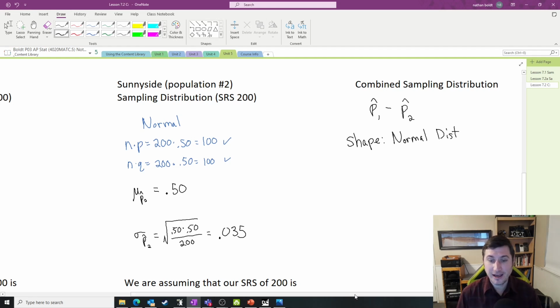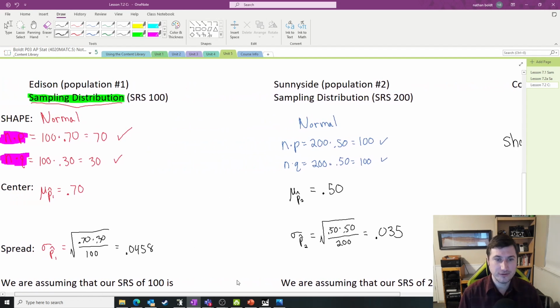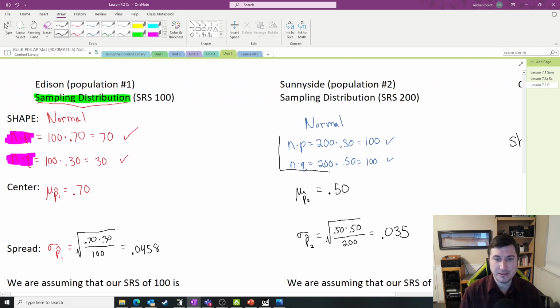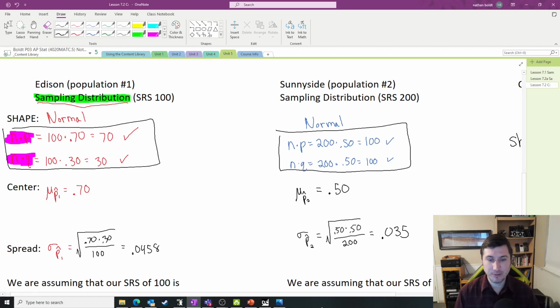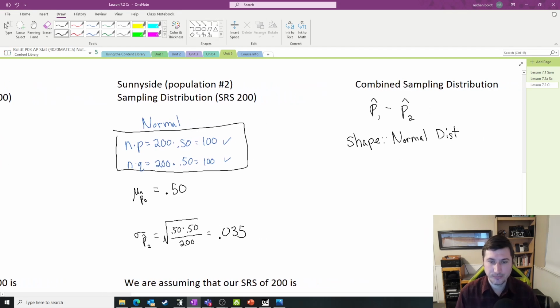So if you're ever asked, what's the shape of this combined sampling distribution? You have to check n times p, n times q of the first one, and n times p and n times q of the second one. If both of those are normal, then the combination is normal.